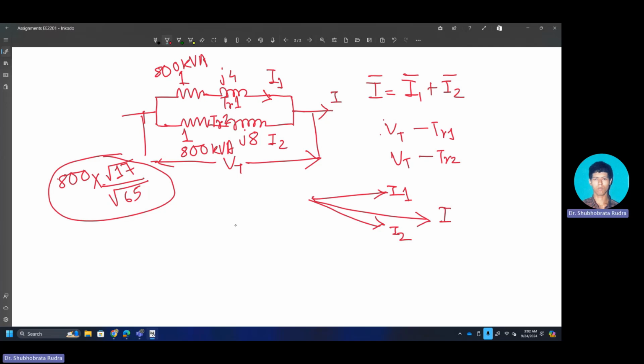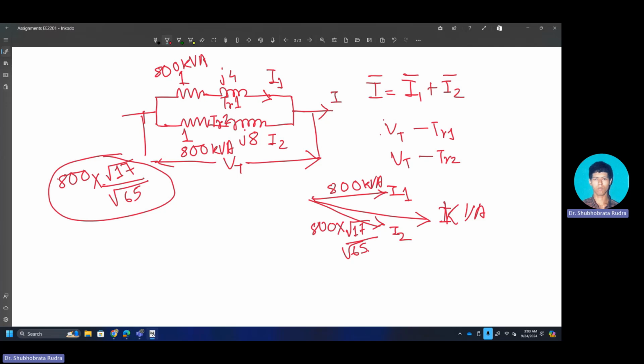And one thing you should not forget, when we are talking about kVA, here you have I1 as 800 kVA and I2 will represent 800 into root 17 by root 65 kVA, and their phasor sum will give you the resultant kVA, right? Here we are not interested in the kVA angle or something like that, and it's not practical.